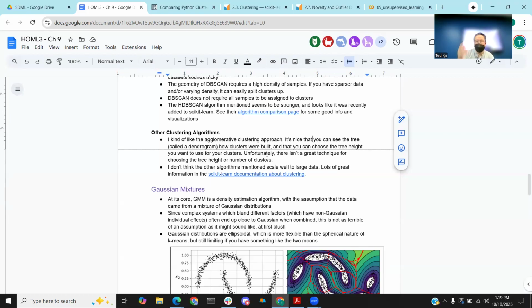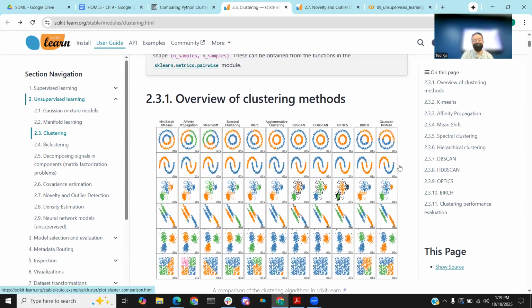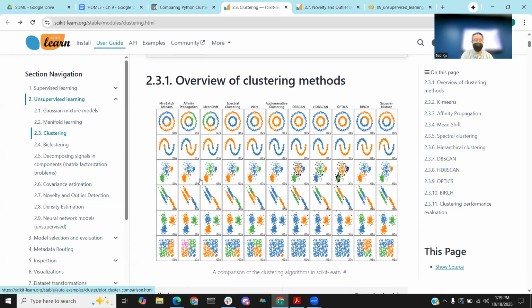The other algorithms, many of them don't scale, and Scikit-Learn has some really nice high-level documentation pages. So if you're doing clustering, or different tasks, they have one where you can see here they show you 6 very different data sets and what each of these different algorithms did with certain parameters.